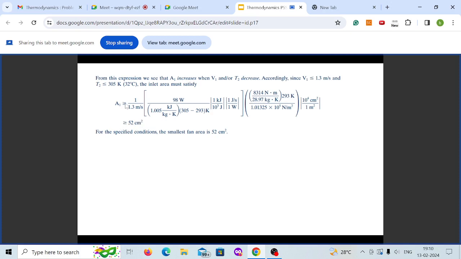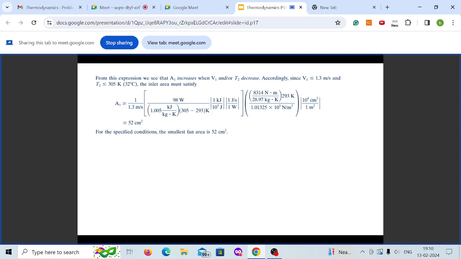So if the area is small, that is the limit. The area is 52 centimeter square. That will make sure your velocity is 1.3 meters per second, and your exit temperature is 32 degrees Celsius.